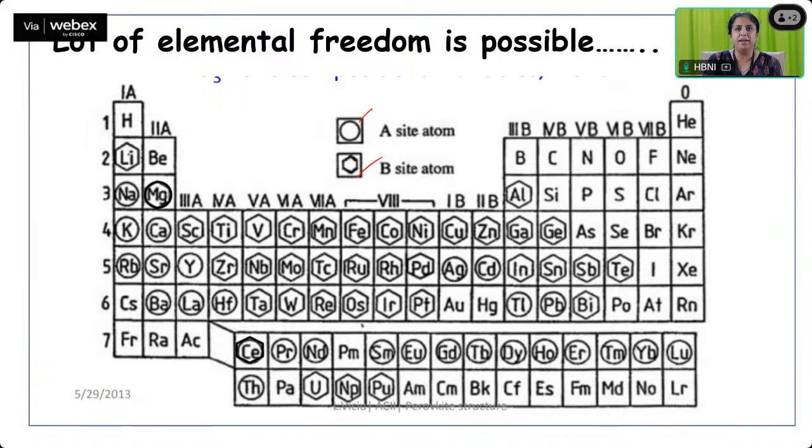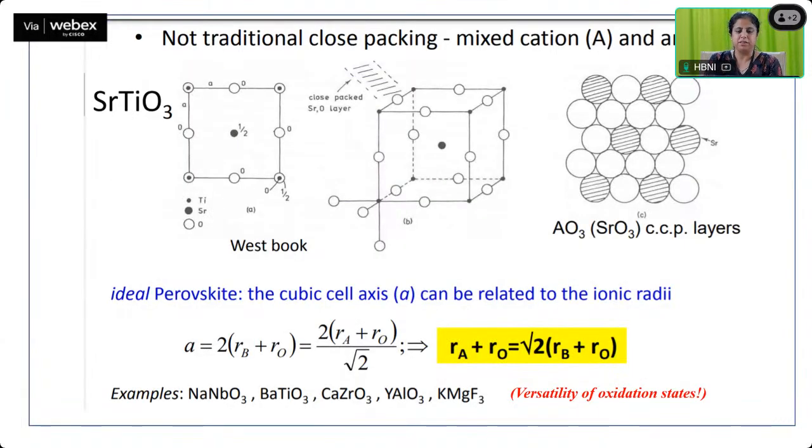So if you look at it, virtually every element adopts this structure in some combination or the other. So when you have so many different kinds of elements which can adopt this structure, obviously it will show you a variety of properties, because properties will depend upon the elements. Now, I will not talk about the upper part. I've already talked about it.